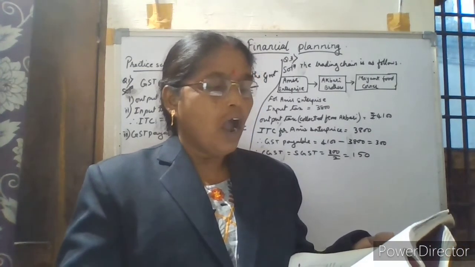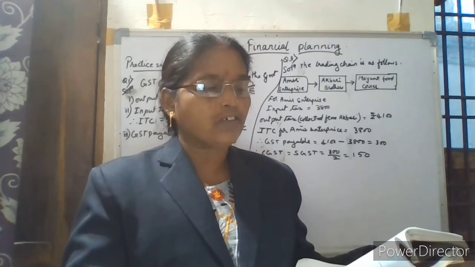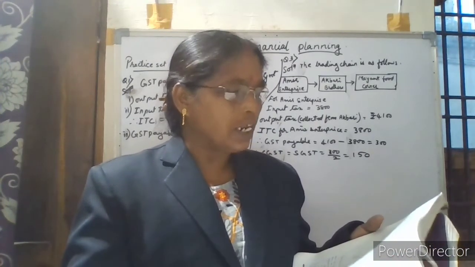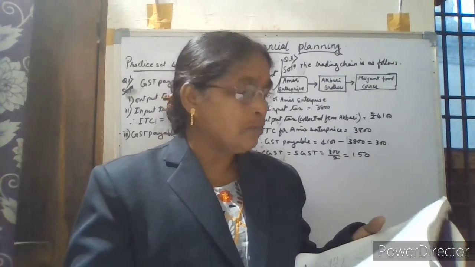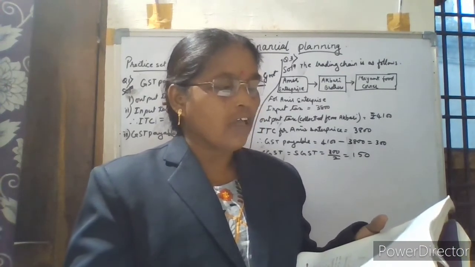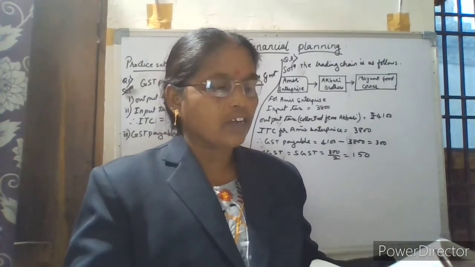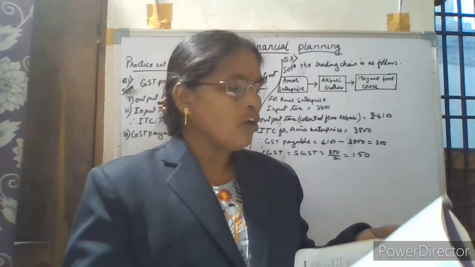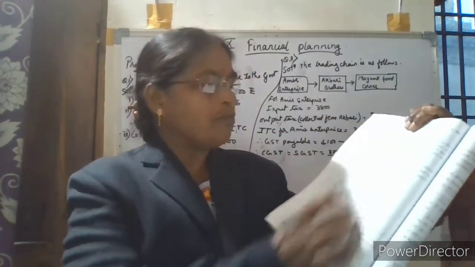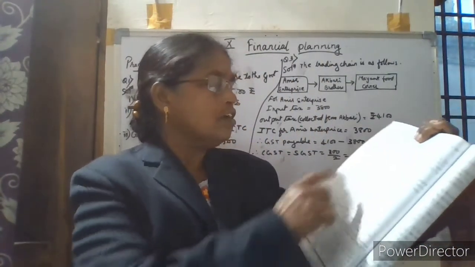Then, how each trader pays GST and takes his input tax credit, that is ITC, at every stage of a transaction is shown in the following flow chart. Observe and study this flow chart on page number 88.